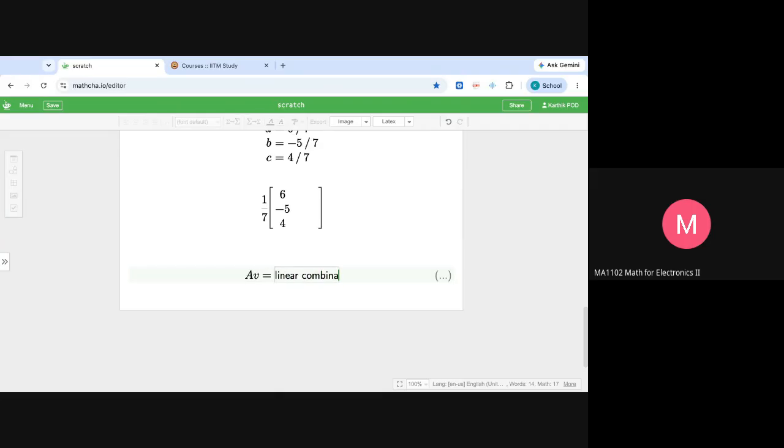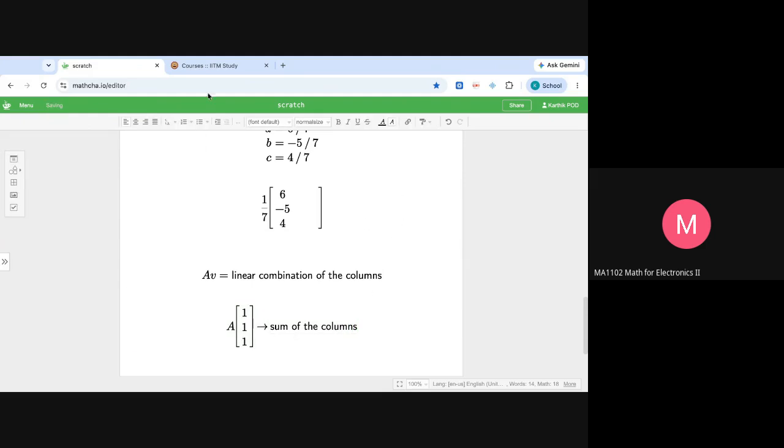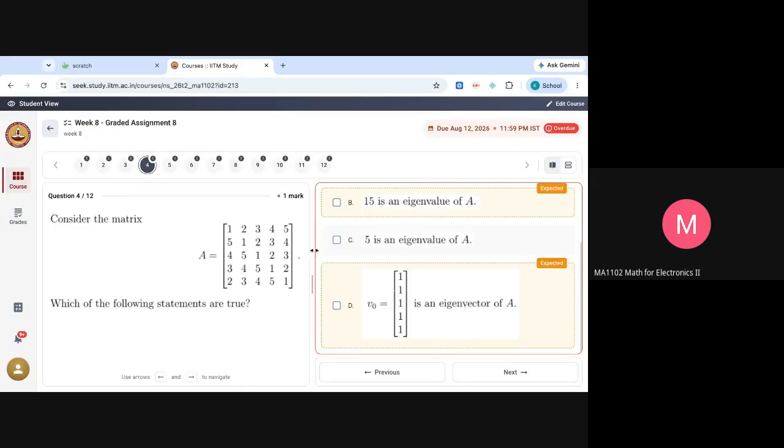So if V happens to be the vector made up of ones, then this is nothing but the sum of the columns: 1 into column 1 plus 1 into column 2 plus 1 into column 3. That is why you can easily see that the sum of the columns here is just 15 times this vector V naught again.